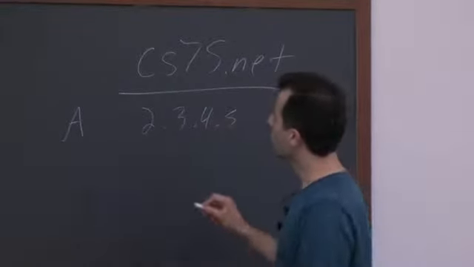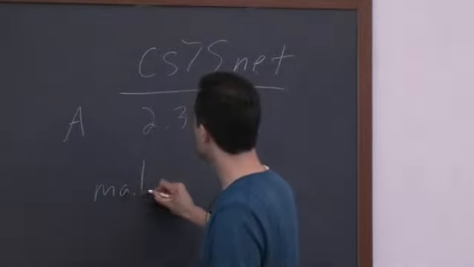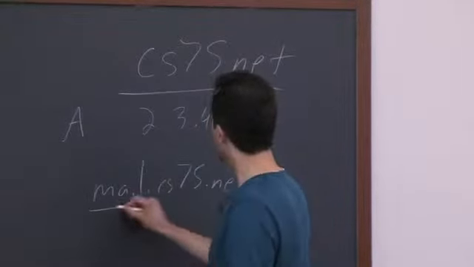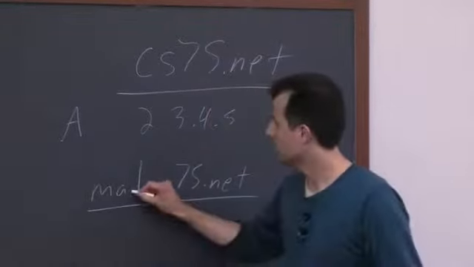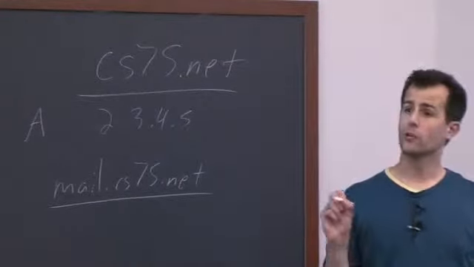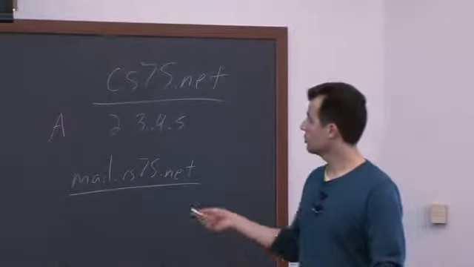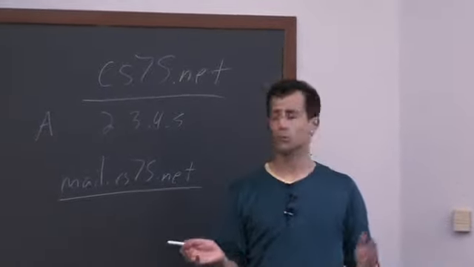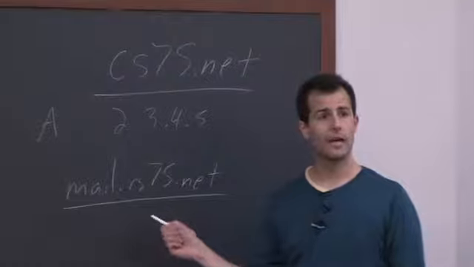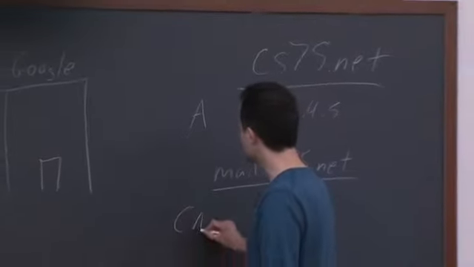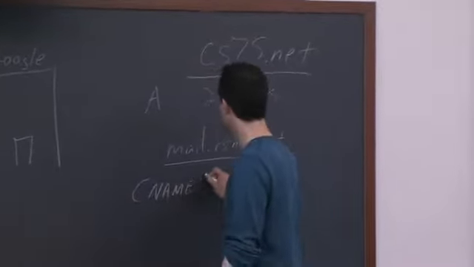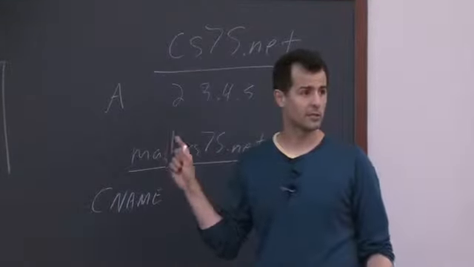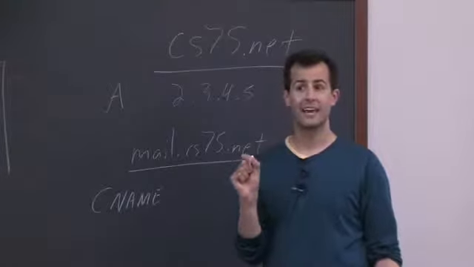And this, again, is an A record. But now suppose I want to have something like mail.cs75.net. And don't do this yourself, because I'm making up the name as I go. But suppose I read in Google's instructions that if I actually want to be able to visit my Gmail-like interface that I've outsourced to Google at mail.cs75.net, odds are they're going to tell me to make a CNAME record that maps mail.cs75.net to not an IP address, because that would be slightly annoying, because Google's hands would be tied.